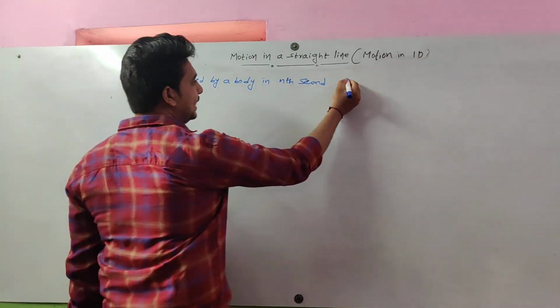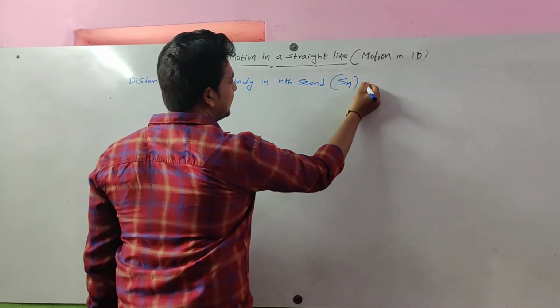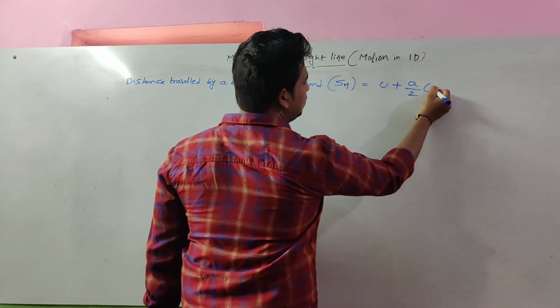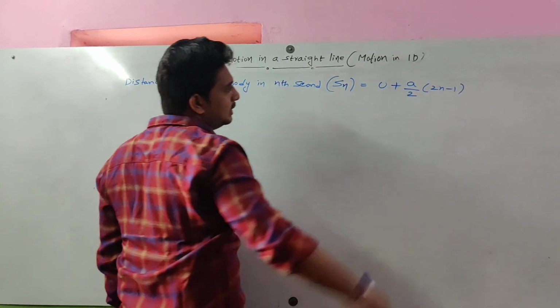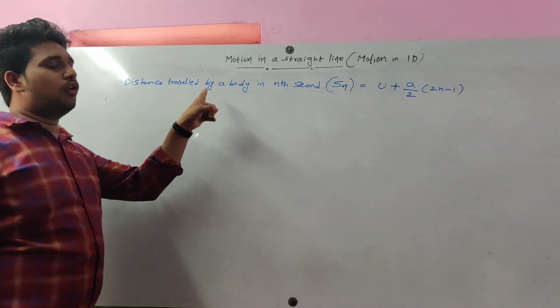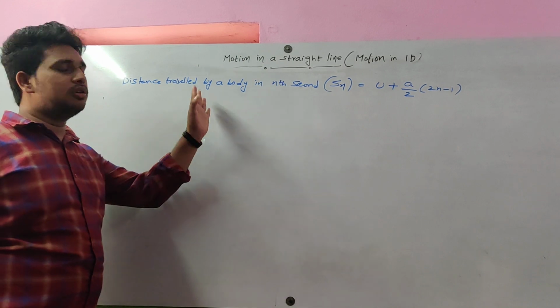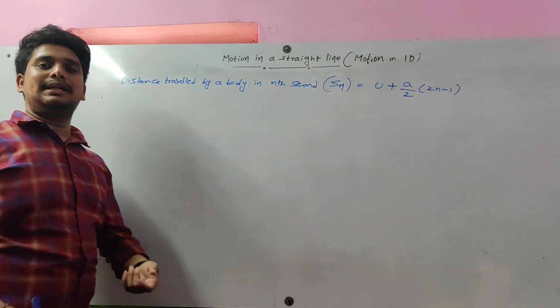Distance traveled by body in nth second is indicated by Sn. Sn is equal to U plus A by 2 into 2n minus 1. This is the formula here. This is the fourth equation.